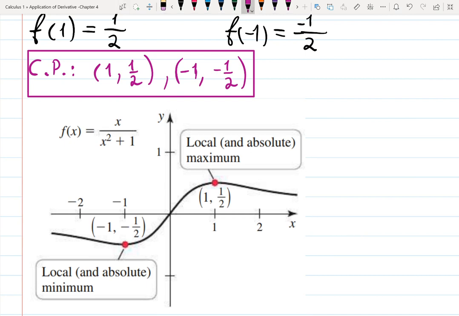But when I look here at negative 1 and negative 1/2, the second pair I'm working with, it is a local minimum. When I'm looking at the pair 1, 1/2, the first pair, it is a local maximum over there. You see? Local or global, we have to figure this out later using the different tests as well.